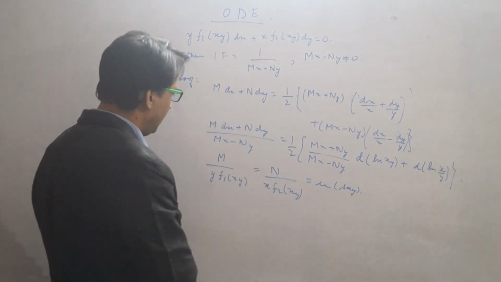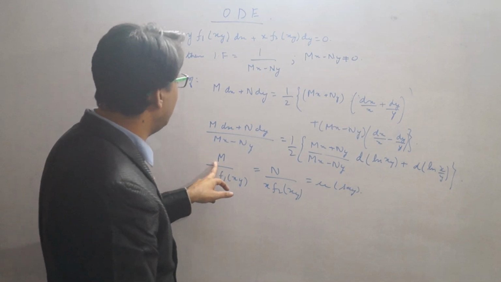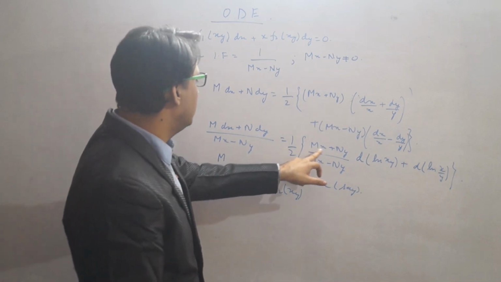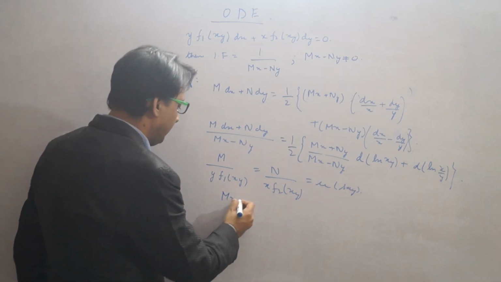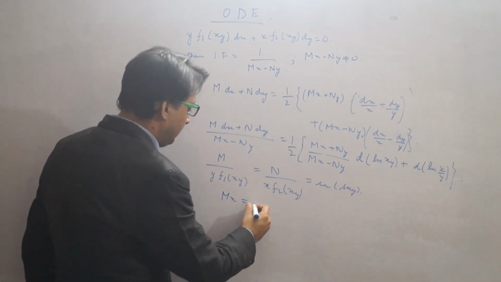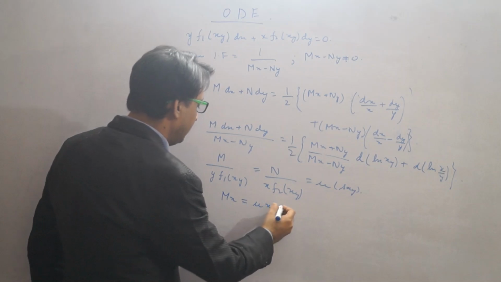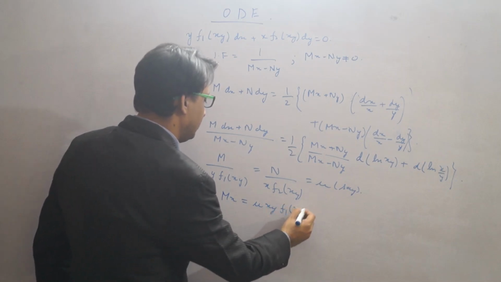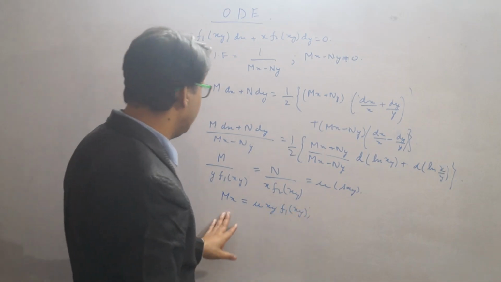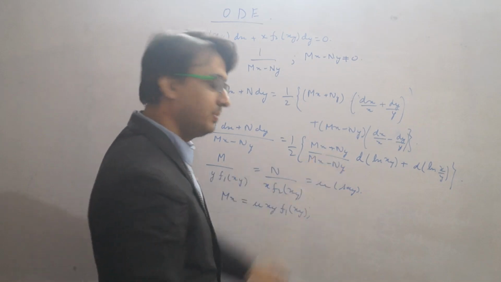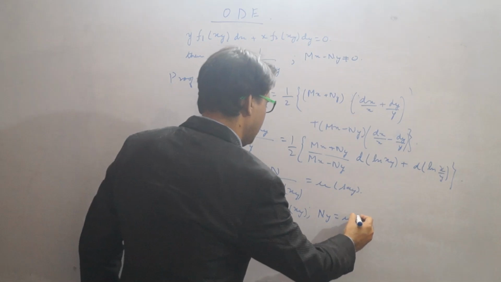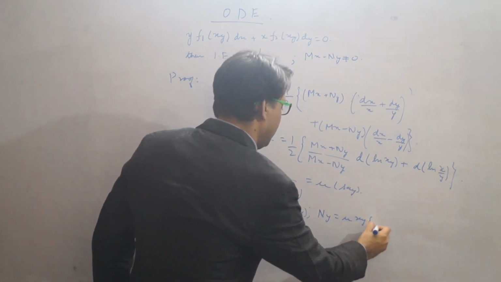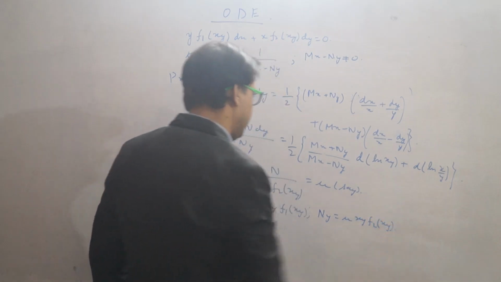So why am I doing it? Because I want the value of m and I want to put it here. So I want the value of mx. So mx is equal to mu xy f1 xy. Similarly I want the value of ny. So ny is mu xy f2 xy.